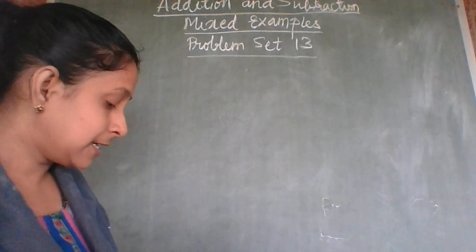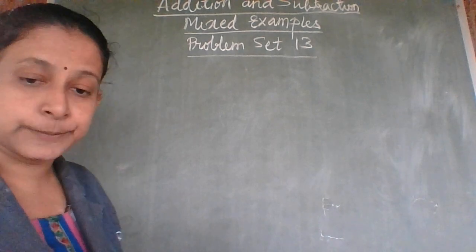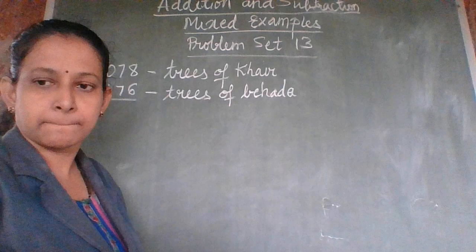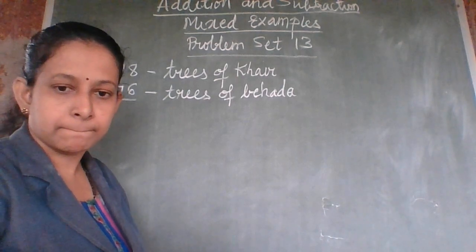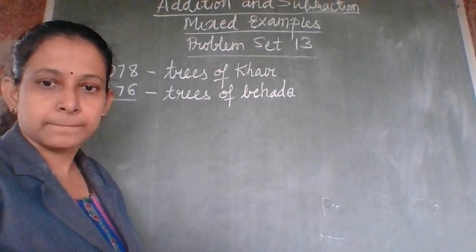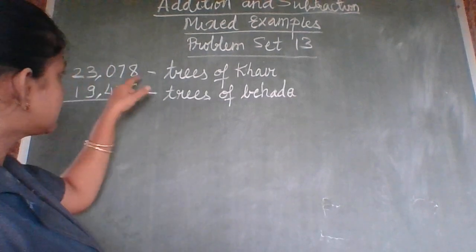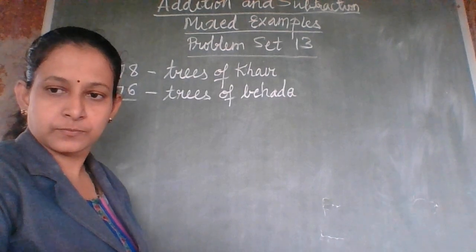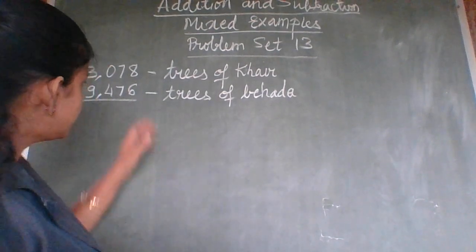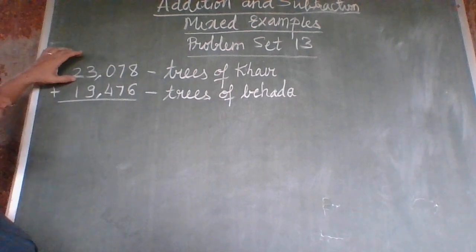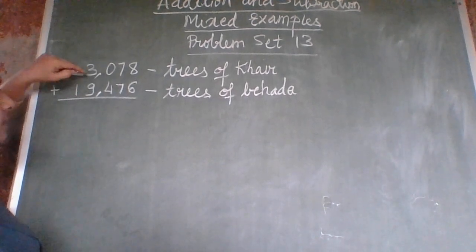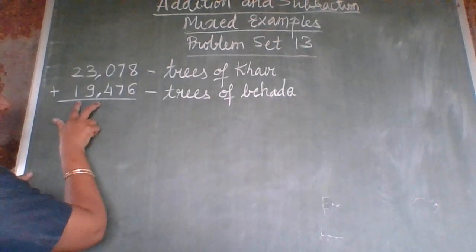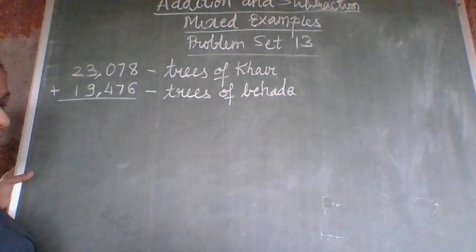Fine. So let's start with writing the data. This is how we are supposed to write: the number of trees of khair were 23,078, and the trees of behda were 19,476.